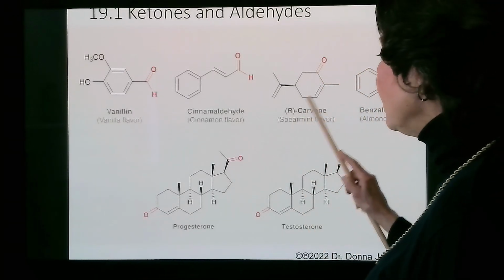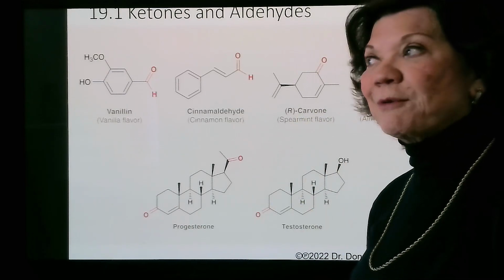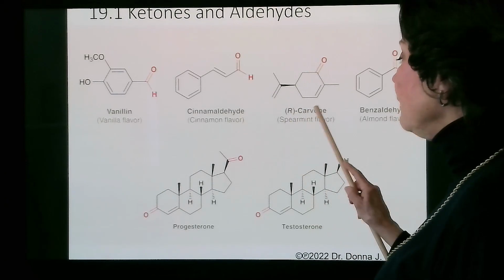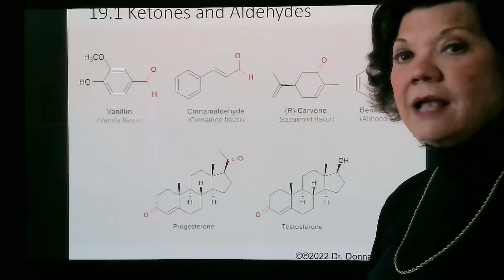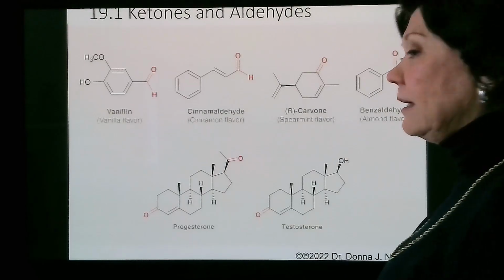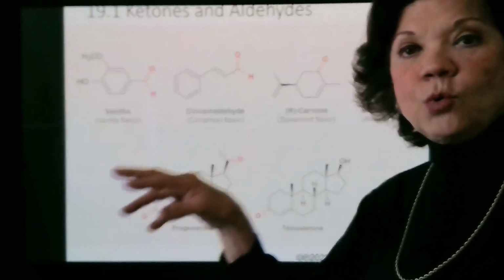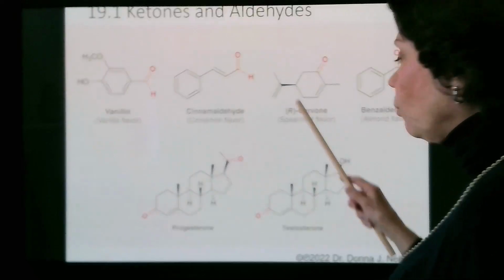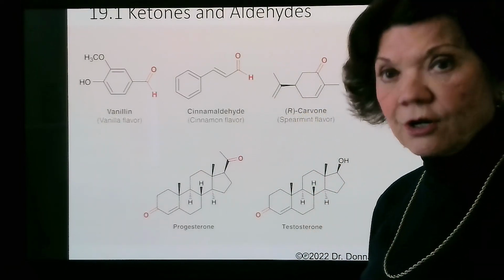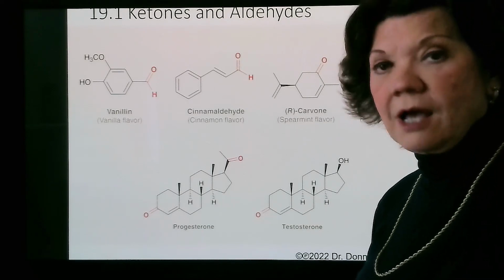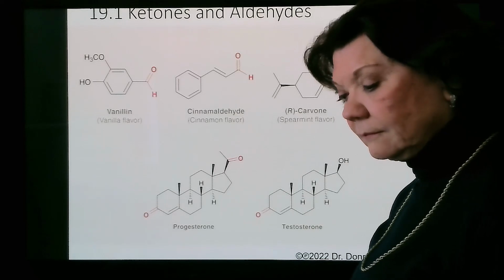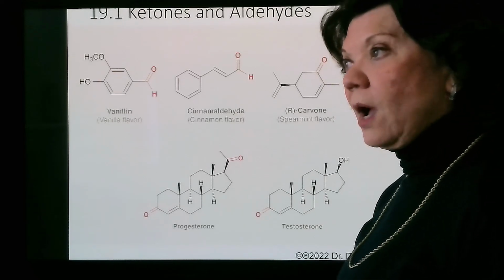And it's very interesting and quite remarkable that you can differentiate. The optically active site inside your nose is like a glove, a hand fitting into a glove. One isomer will fit into the site so that you smell spearmint. The other isomer will fit into the site so that you smell caraway.